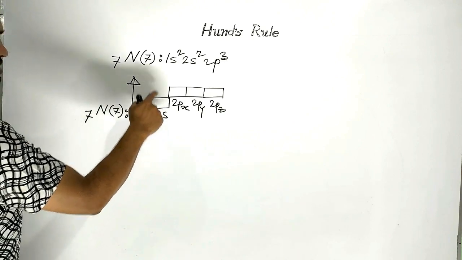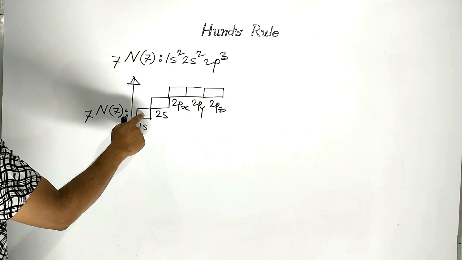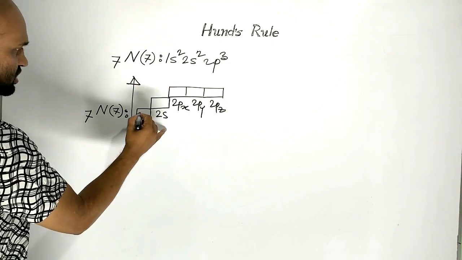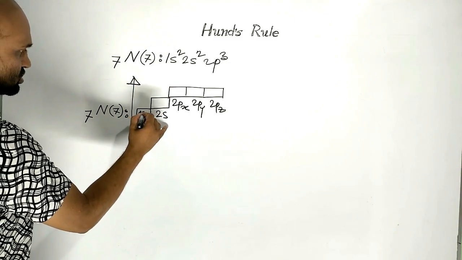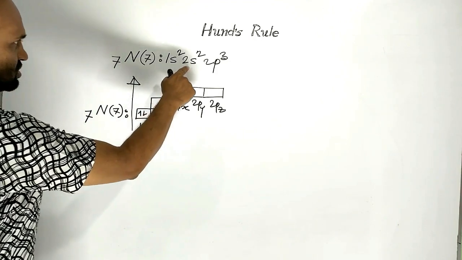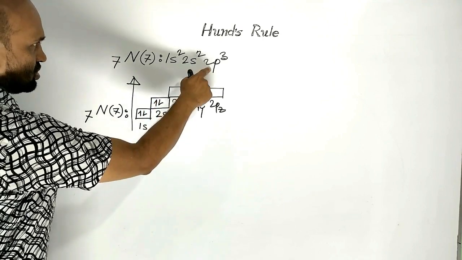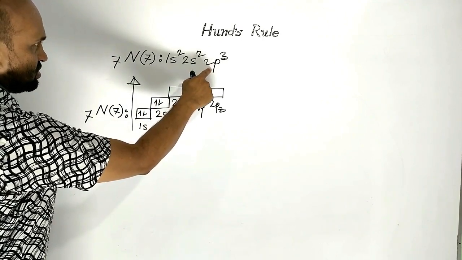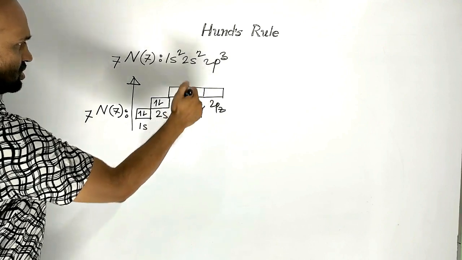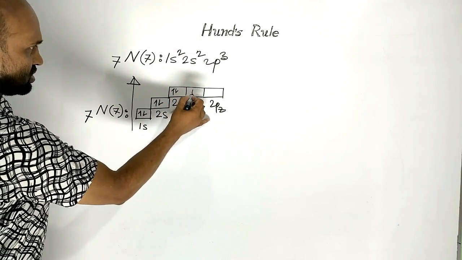Now let us distribute these 7 electrons in these orbitals. 1s orbital contains 2 electrons in this way, in the opposite spin. Then 2s orbital. Now p orbitals contain 3 electrons. Electronic distribution will be in this way?